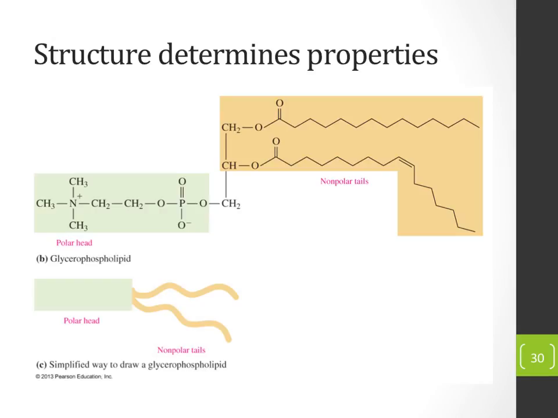Of course, it's important to remember that charged functional groups and greasy hydrocarbon tails don't really get along. And the real structure of a phospholipid probably looks more like what you see on the screen now.